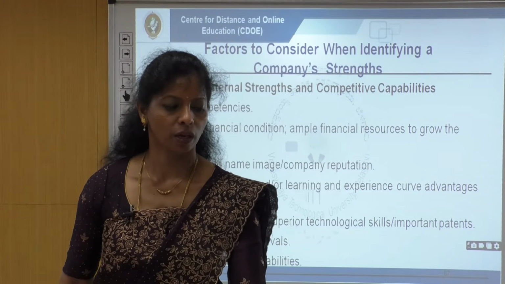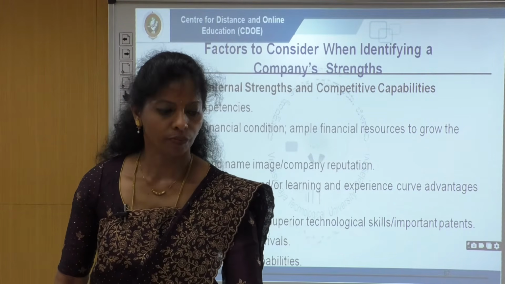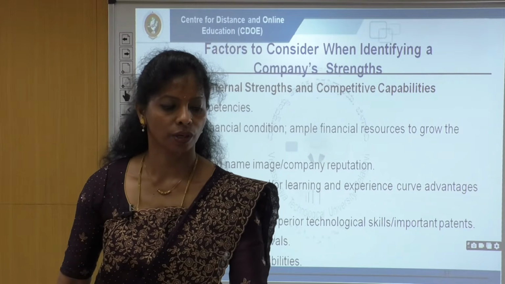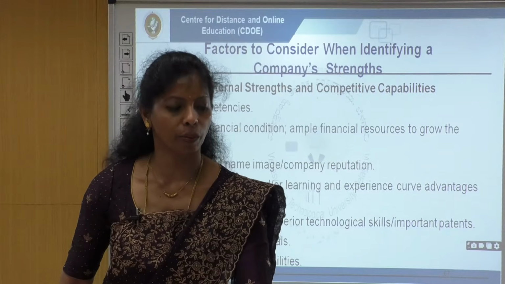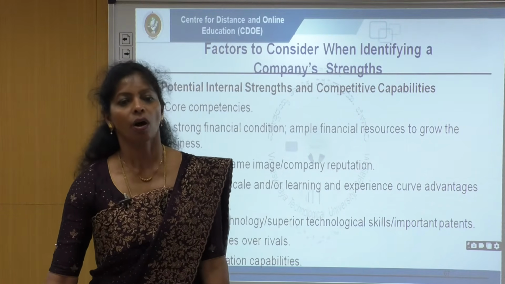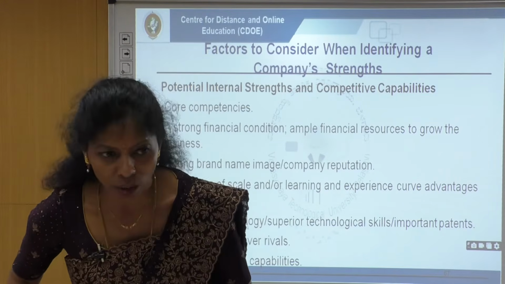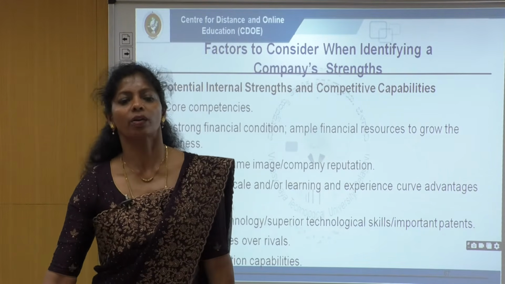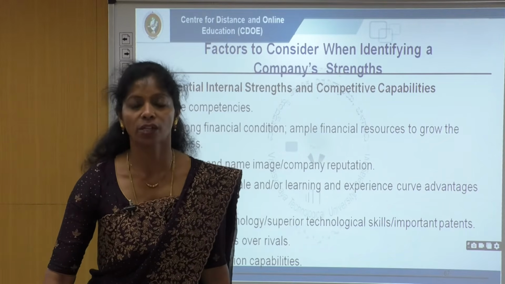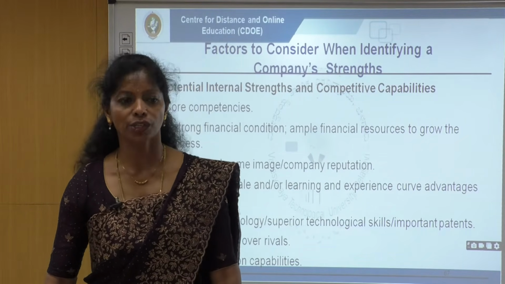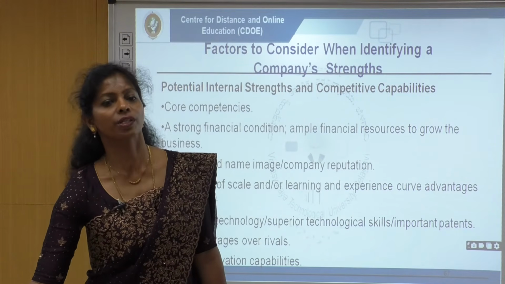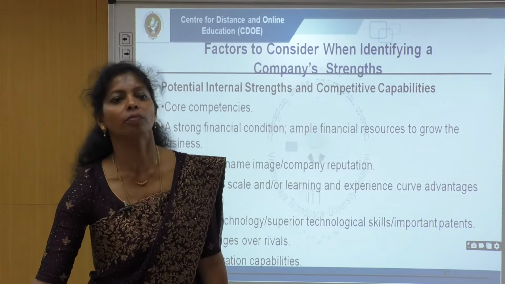We talk about the core competency, a strong financial position, ample financial resources, a strong brand name, image or company reputation, economies of scale or learning and experience curve advantage over rivals, proprietary technology, superior technology skills, important patents, cost advantage over rivals, product innovation capabilities. So, these are the potential internal strengths and competitive capabilities of a firm.